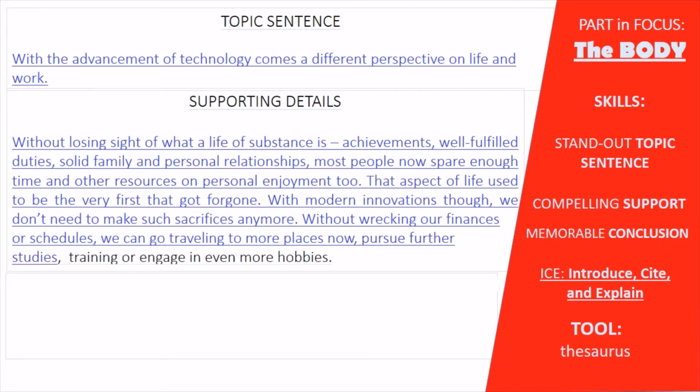And don't forget the concluding sentence of your paragraphs. They have to be as memorable.